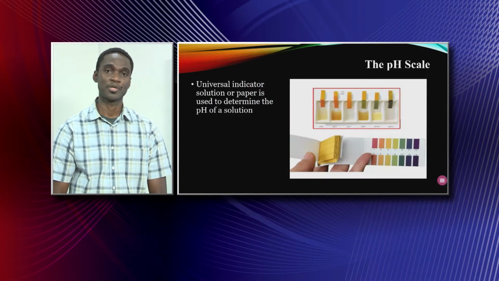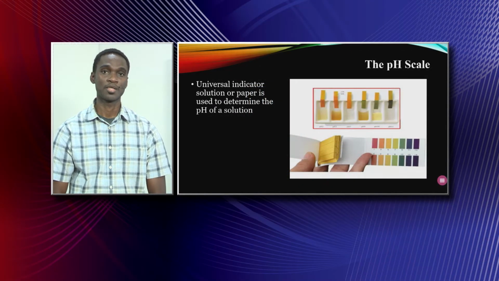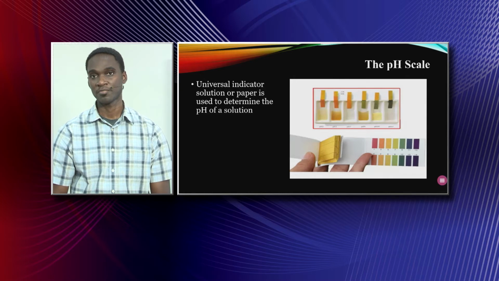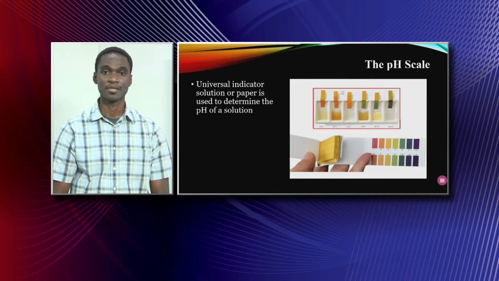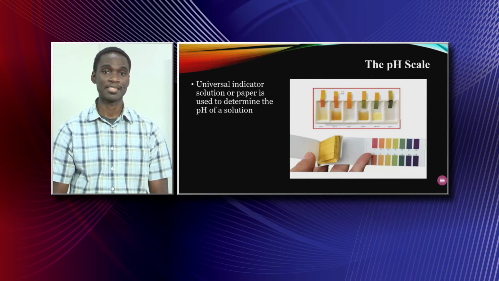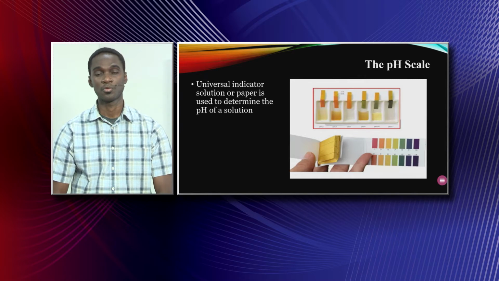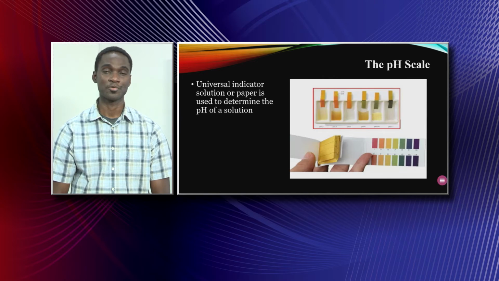Notice that the pH paper is yellowish in color, and based on the pH of the solution, it would give us a different color. For instance, if there is a strong acid, when the paper is placed in that solution, it would turn red or dark red.